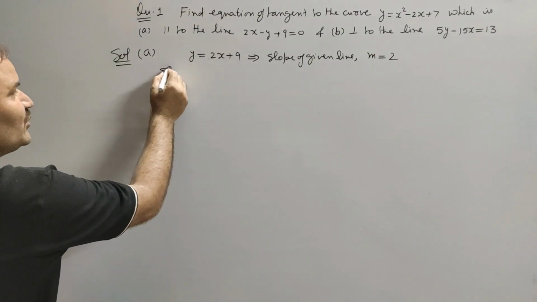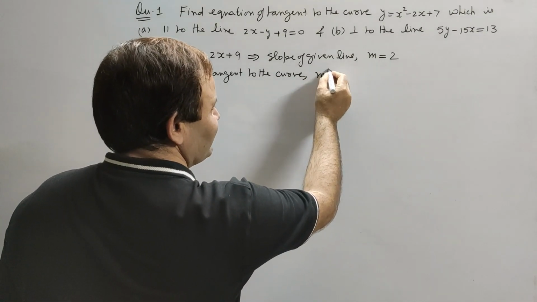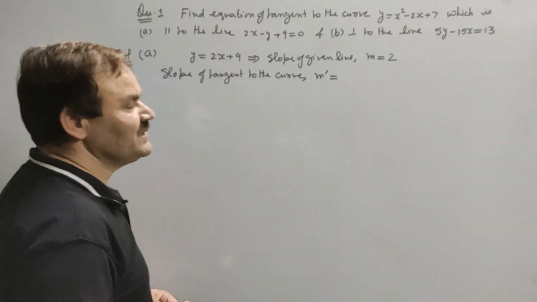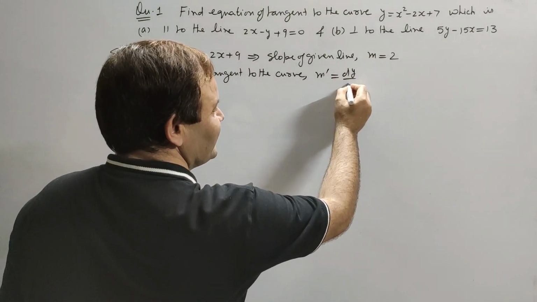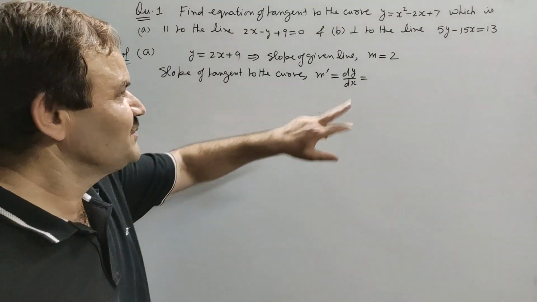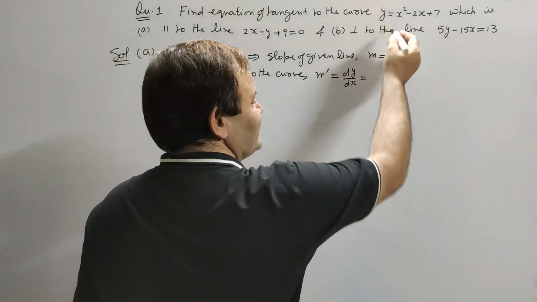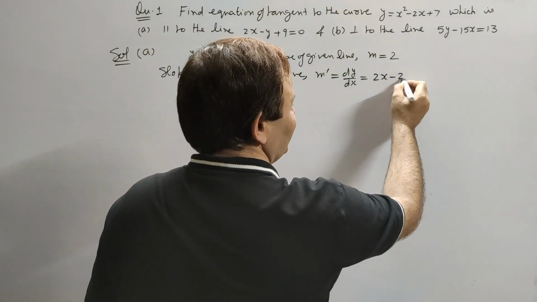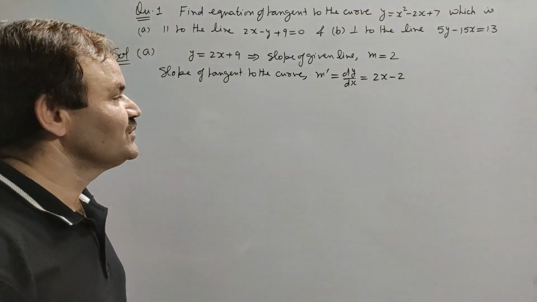So slope of tangent to the curve, say m dash, will be equal to dy by dx, and dy by dx means differentiation of y with respect to x, that is 2x minus 2 plus differentiation of constant, which will be 0.